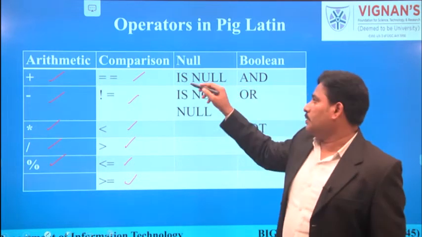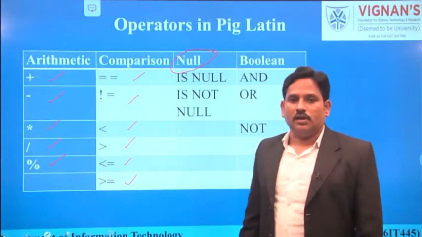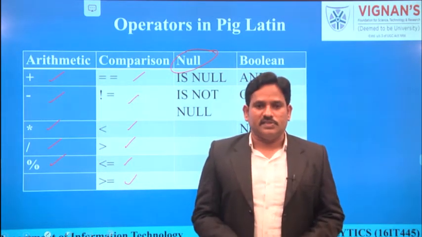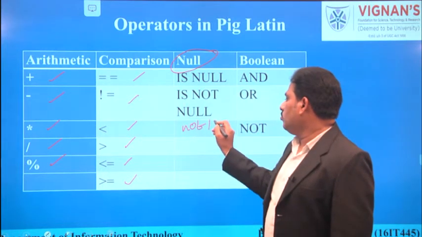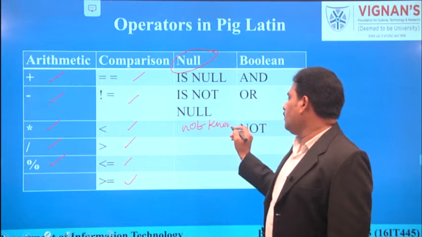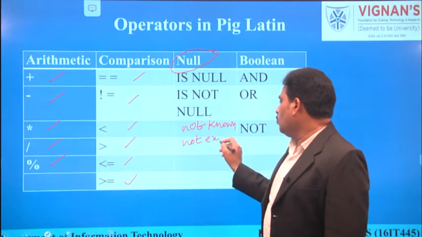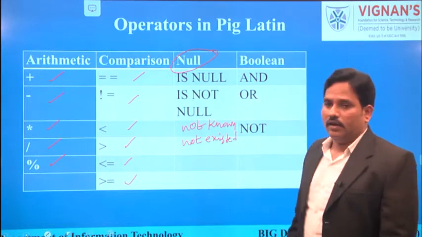And there is a special operator called the null operator. This null operator can be used if the value of the variable is not known or does not exist. If the value is not known and if the value does not exist, in these 2 cases, we can use a keyword called null.